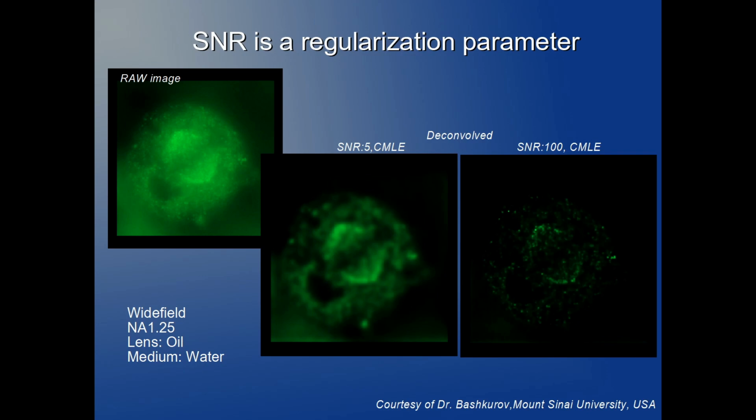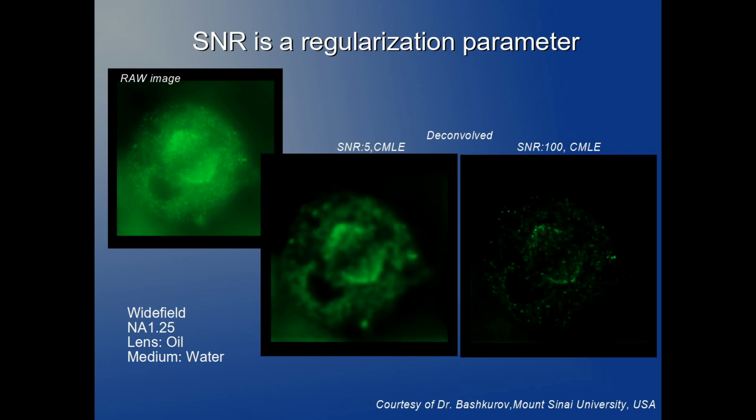Here you can see an example of a raw widefield image, and its two deconvolution results when using a very low or a very high SNR value before doing the deconvolution. When using a low SNR value, in this case 5 in Huygens, you basically tell the software that the raw data has very low signal and lots of noise.